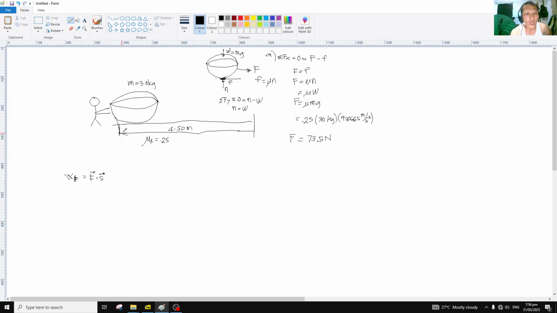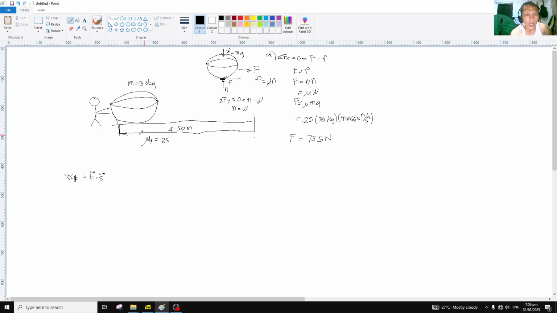So you take the 4.50 meters and multiply it by the particular force F, because these are both vector quantities. If they were opposite, this should have a negative value.